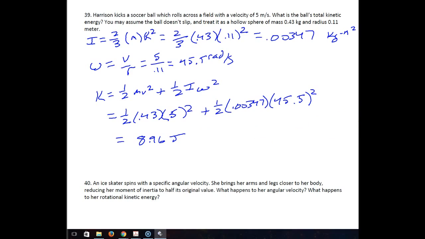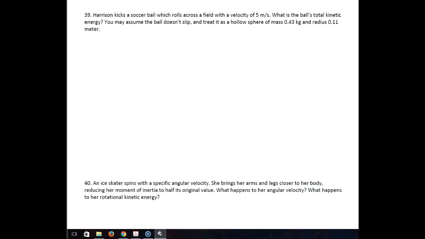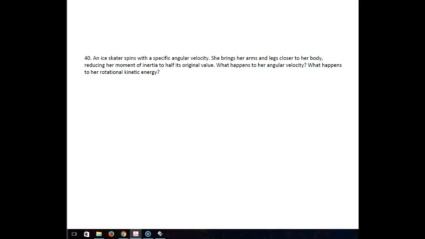Next problem says an ice skater spins with a specific angular velocity. She brings her arms and legs closer to her body, reducing her moment of inertia to half its original value. What happens to her angular velocity? For this one, this is more of a thinking, reasoning question. As the skater pulls her arms and legs in, she reduces her moment of inertia.